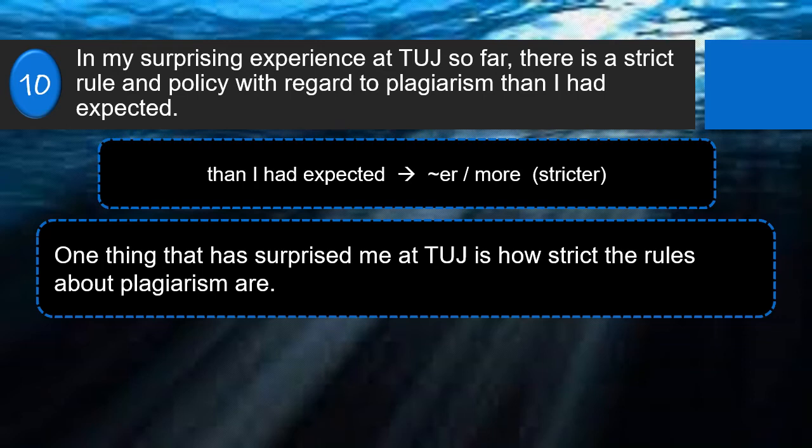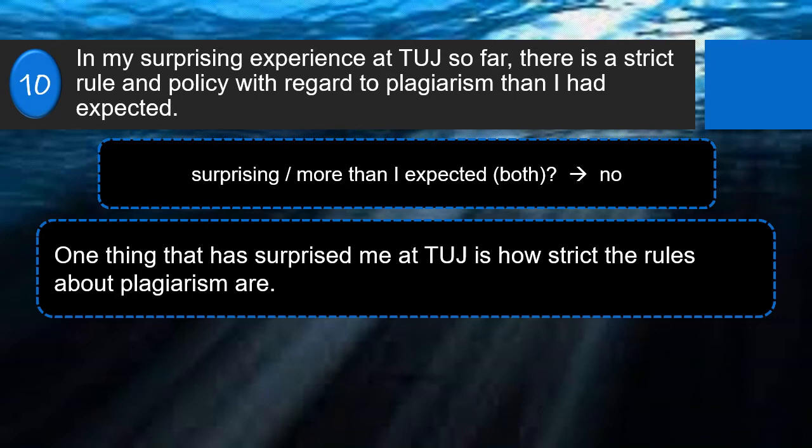"Than I had expected." I left it out of the first sentence because in order to use "than," you have to have something -er or "more," some kind of comparative structure. In this case, you would need "stricter." Surprising, more than I expected. Do you need both? No, that it was more than I expected, so I was surprised.